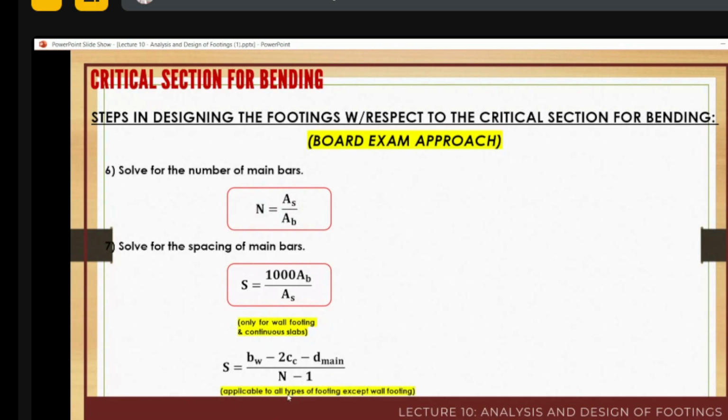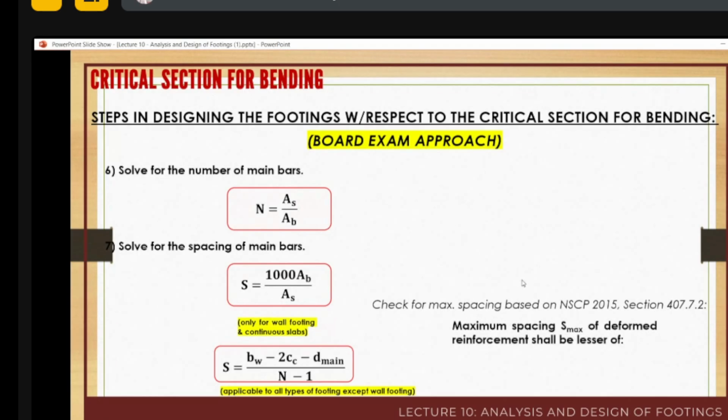However, for all types of footing except wall footing, you can compute the spacing of your main steel bars as equal to PW, where PW is the perpendicular dimension of the width of your footing, minus twice the concrete steel covering, minus the diameter of the main reinforcement, divided by n, the number of steel bars, minus 1. So you can also use this formula for other types of footing.